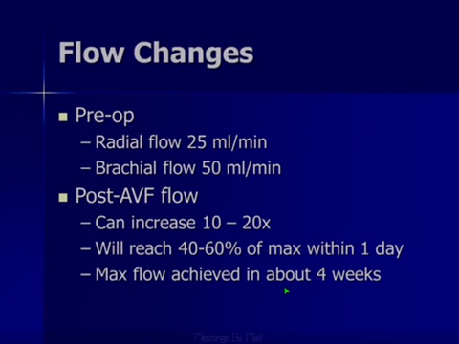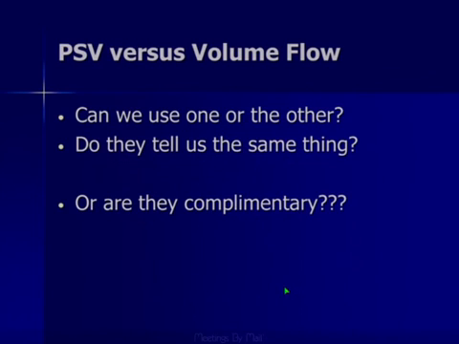I found that out researching this for this talk. We can really increase the baseline flow 10 to 20-fold, but within about a day, we're almost halfway there. And generally, in about a month, we're pushing about as much flow through there as we'll get.